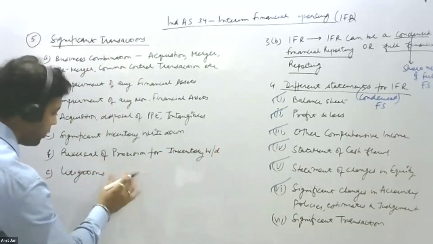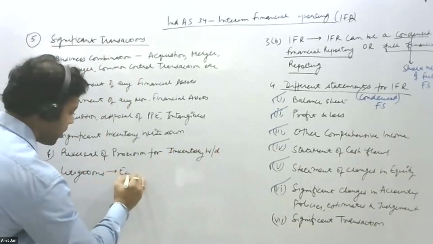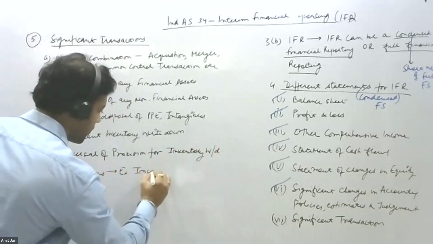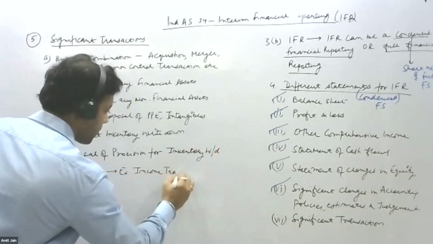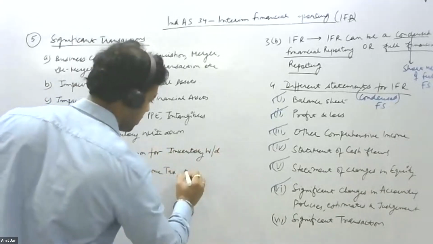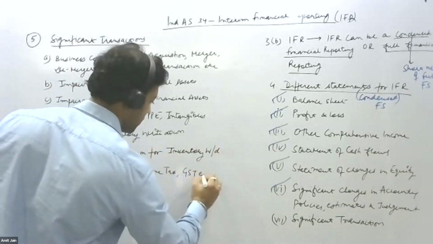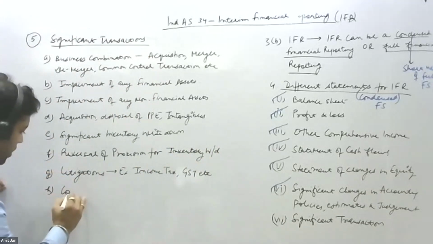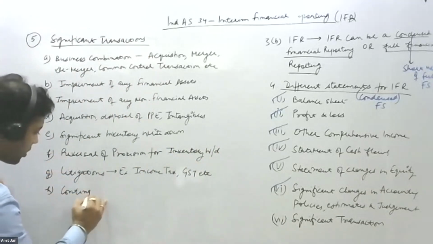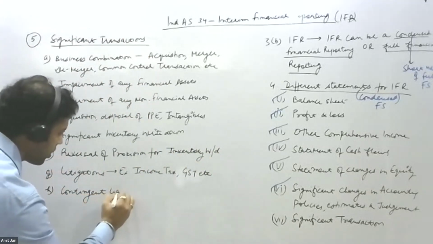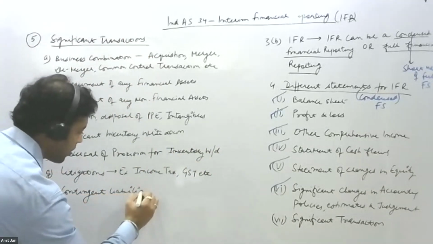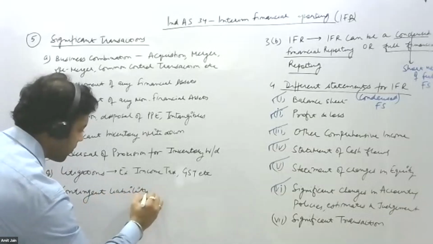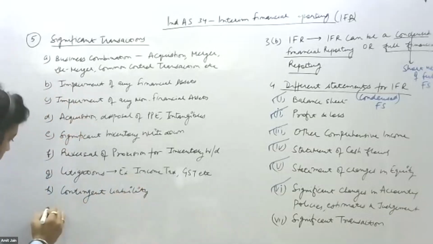For example, income tax, GST, etc. Contingent liability, right?